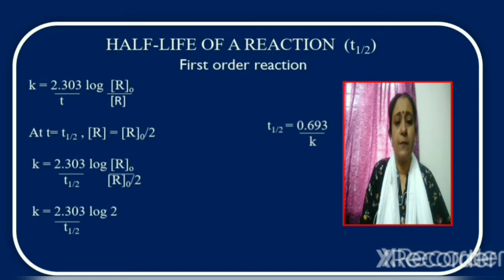So the expression now becomes K is equal to 2.303 by t half log R0 by R0 by 2. Now what is log R0 by R0 by 2 equal to? Log 2. You can get the value of log 2 from log tables and it will be equal to 0.3010. So multiply the value of log 2 by 2.303 and thus we finally get t half as equal to 0.693 by k. So from this expression it is clear that for a first order reaction t half is independent of the initial concentration of the reactant.